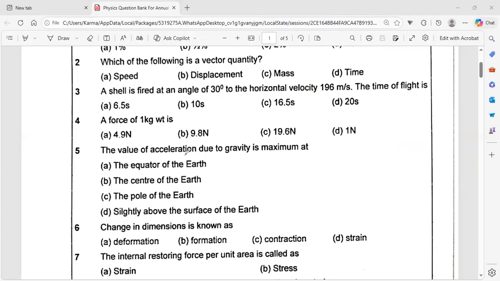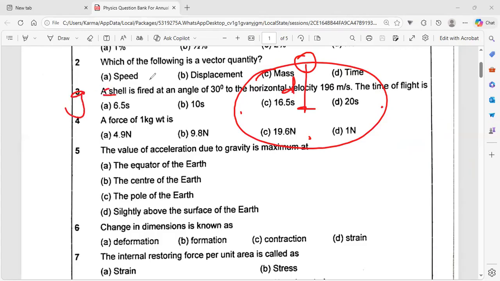The value of the acceleration due to gravity is maximum at the polar regions, not the equatorial regions. Whenever the object is over here, it is pretty much close to the center of the Earth. The formula is g equals GM upon r square, so as r is less, g is max.